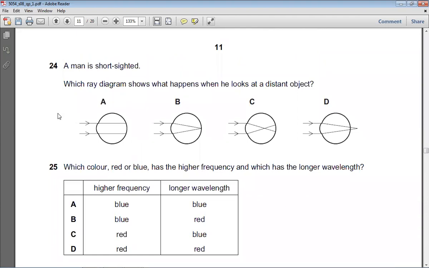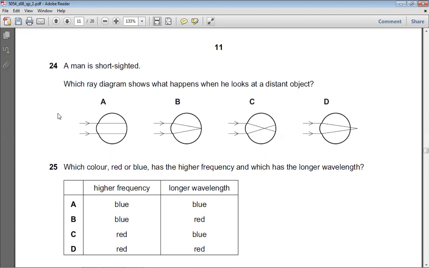Question number 24. A man is short-sighted. Which ray diagram shows what happens when he looks at a distant object? So when you are short-sighted, your eye lens starts bending too much.